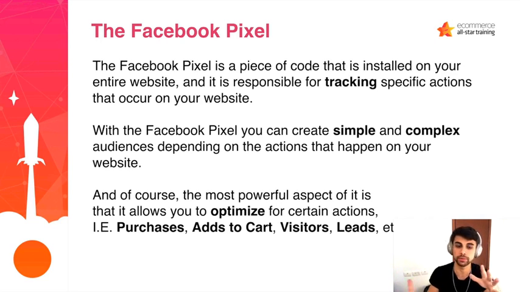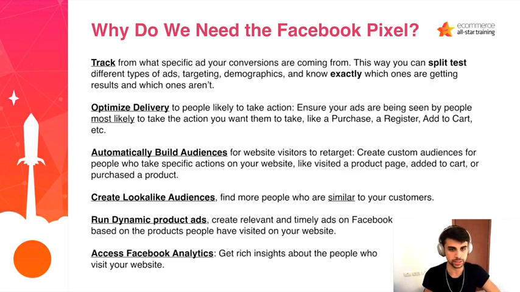We don't care about the adds to cart or visitors, but there's a lot of reasoning to why it's not always the best idea to optimize for a purchase, and I'll get to that in a second. But it basically allows you to optimize because Facebook sees and knows what type of people buy from you or add to cart, and when you optimize for a purchase, the audience that you're targeting, it picks a segment of that audience and decides to show the ad to them. So with that being said, let's move on.